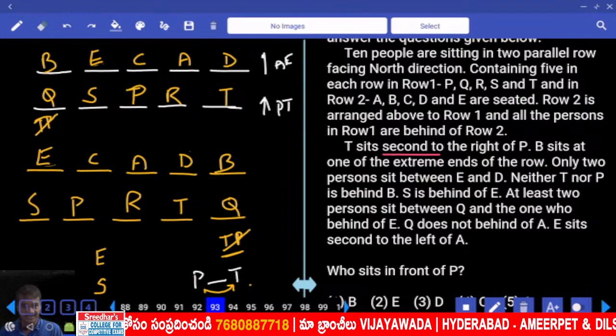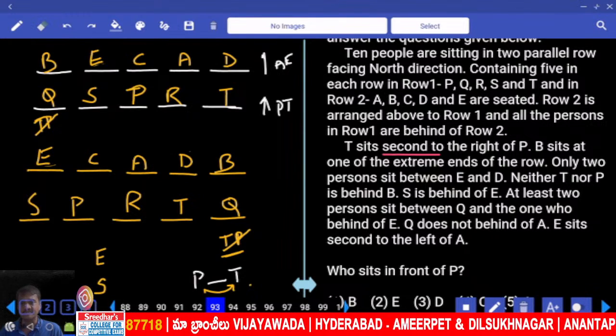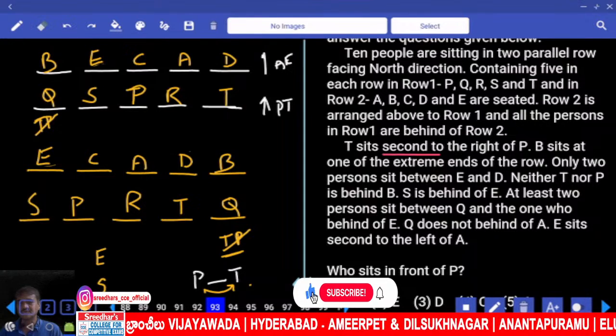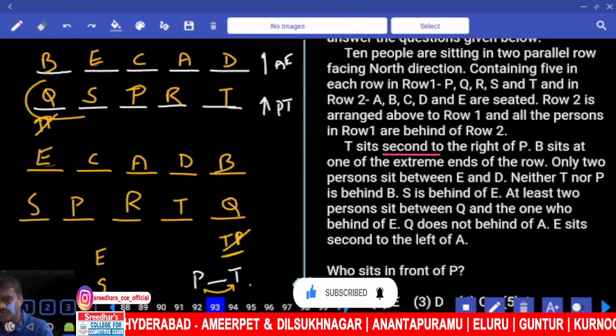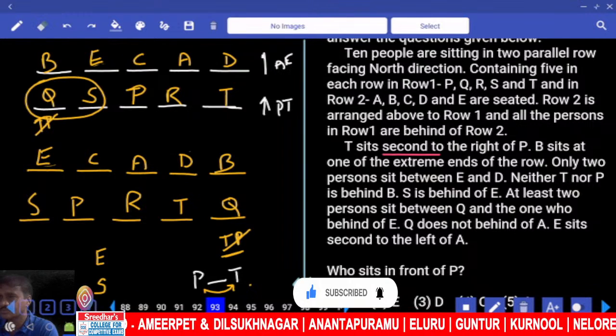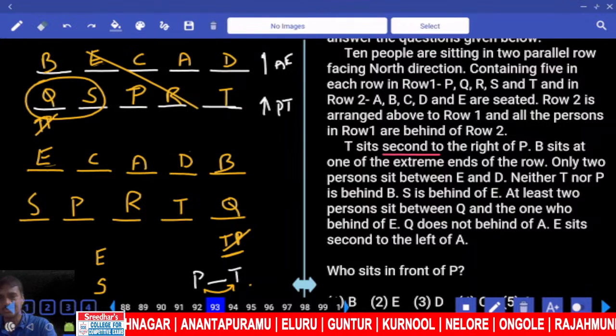S is behind E. And at least 2 persons between Q and the one behind E. Behind E, Q and S. How many persons? Only 1. We need to have at least 2 persons. And this case is ruled out.